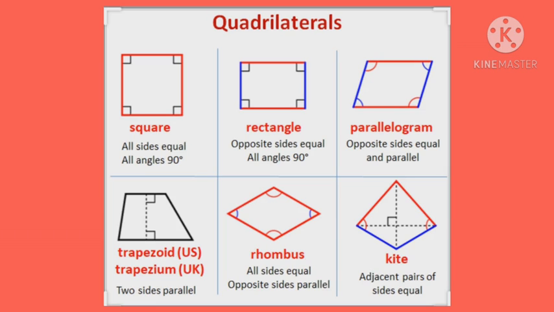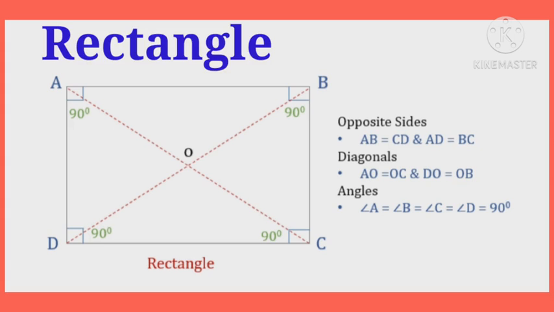So remember the types of quadrilateral are square, rectangle, parallelogram, rhombus, trapezium, and kite. These are the types of quadrilateral that you have to study today. Okay. Let's discuss each type one by one.